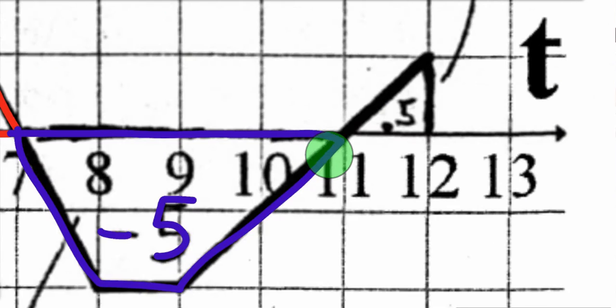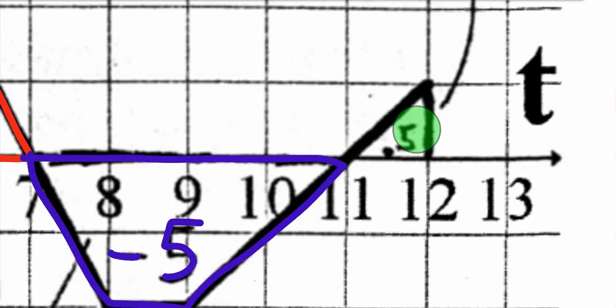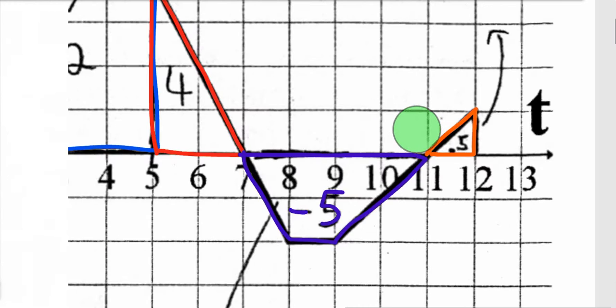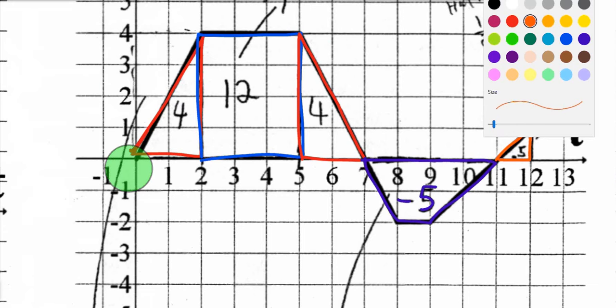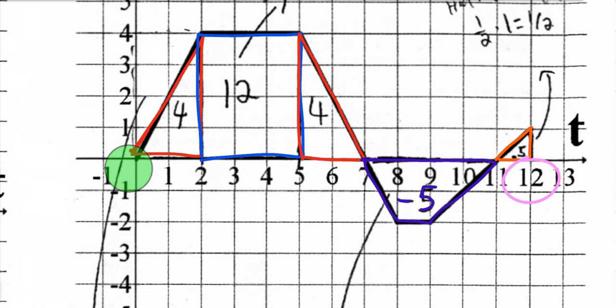And then finally, we have this little itty bitty triangle at the end, which is just half of 1 block, so it's 0.5. And if we zoom back out, this area will give us the displacement, or the change from its starting position from 0 to 12 for the squirrel. And I'm just going to circle that in pink.